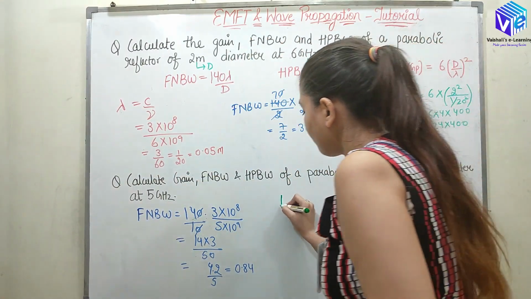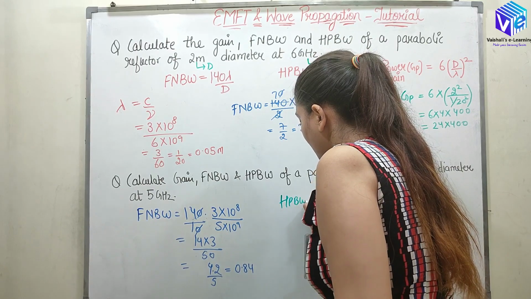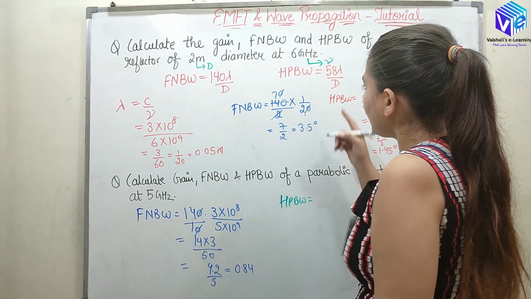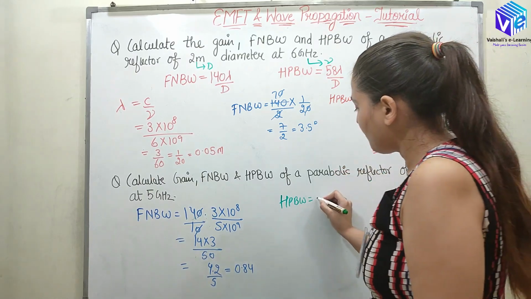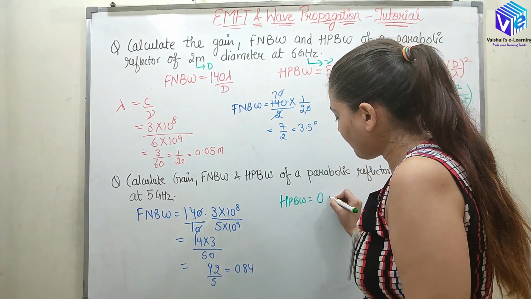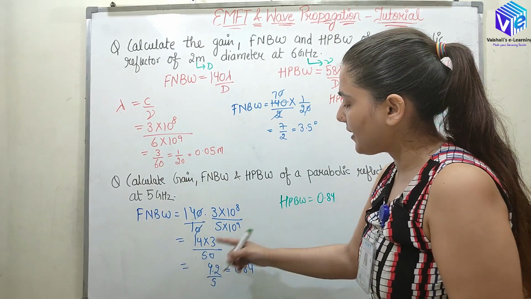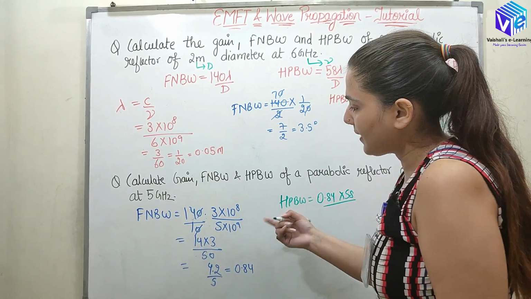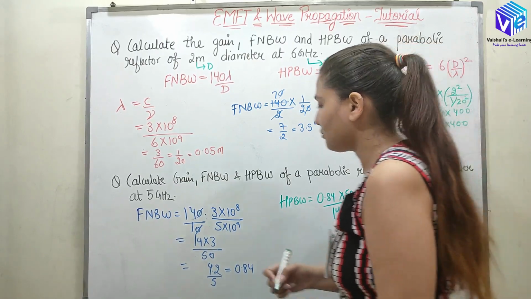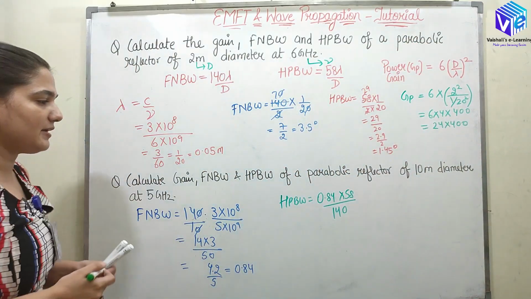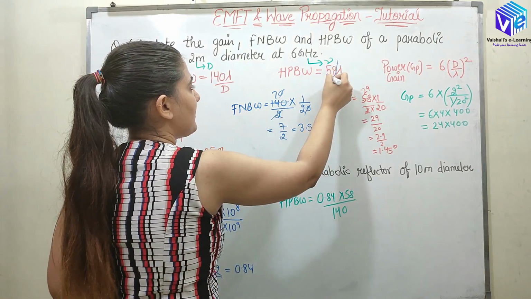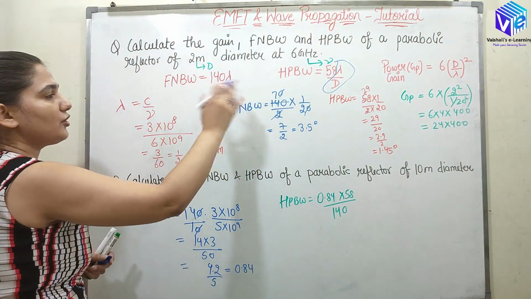Now half power beam width. Half power beam width will be equal to 58 lambda upon D. So what we can do is take 0.84, multiply it by 58 and divide it by 140. So it will also give me the half power beam width. I know this lambda upon D is constant in both cases.